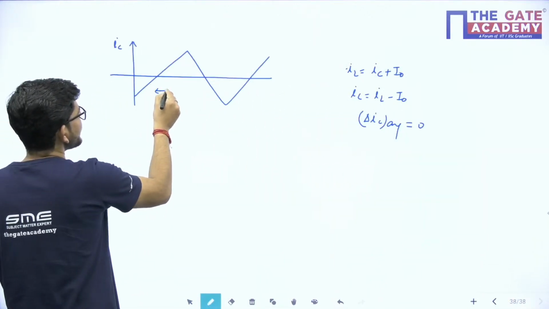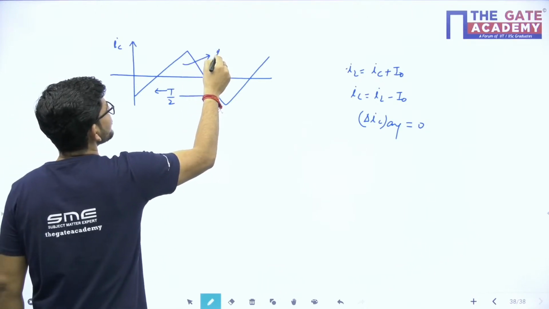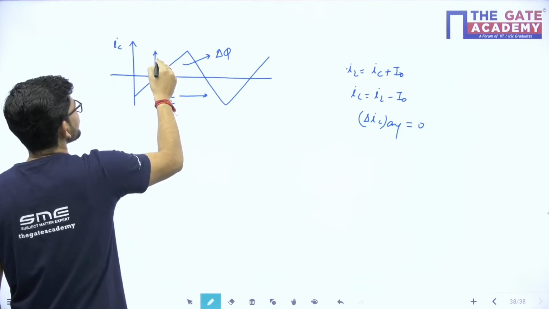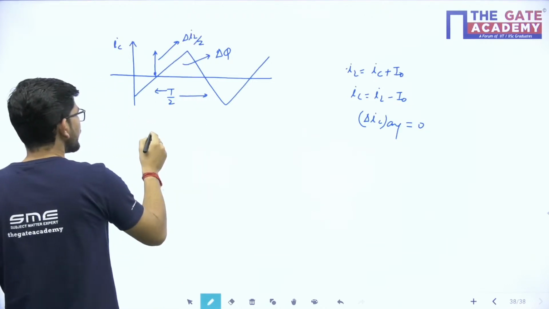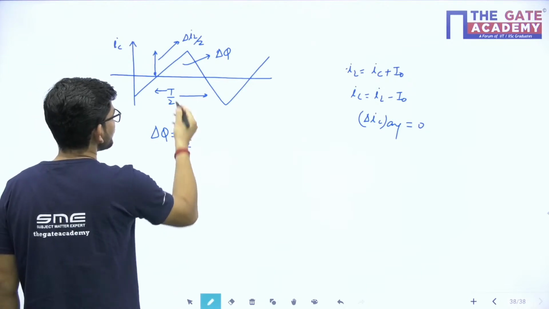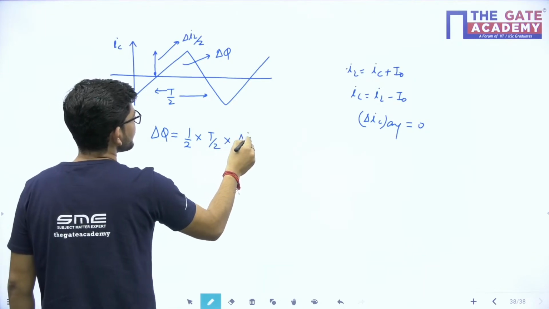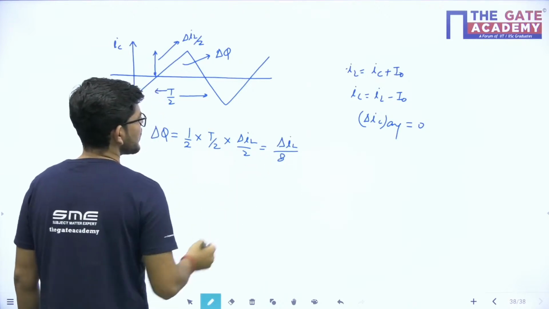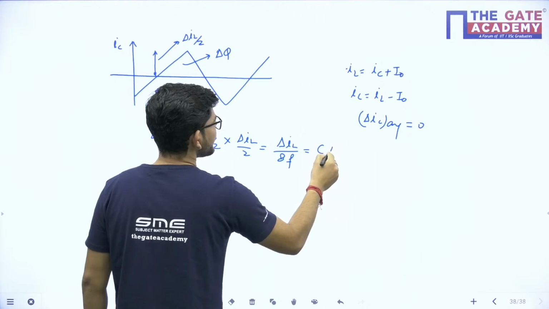So this time period is basically T by 2, and the stored charge during this period is del Q, and the height of the waveform is del IL by 2. So the stored charge will be the area of this particular triangle. This is equal to half times T by 2 times del IL by 2, or we may say del IL upon 8F, and del Q is also equal to C into del V naught.